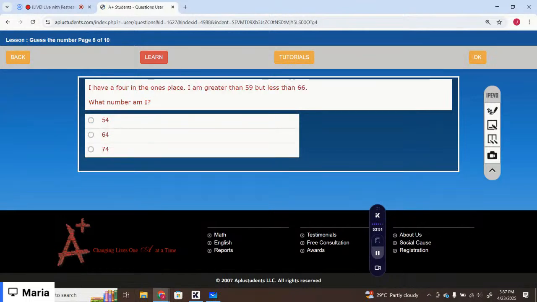Okay. I have a 4 at the ones place. I am greater than 59 but less than 66. What number am I?